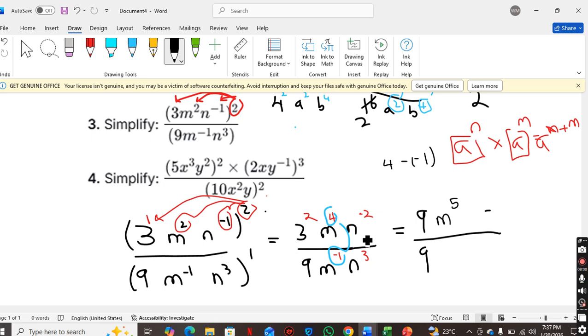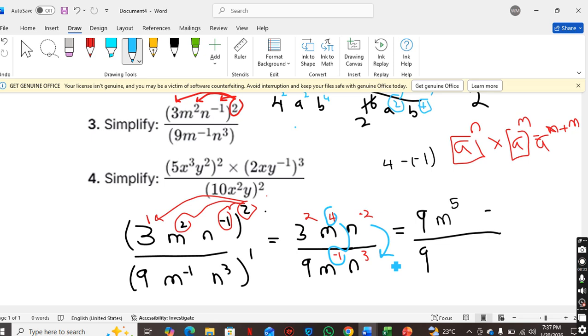Then here we have n to the power negative 2 over n to the power 3. So as I said, the other trick you can use, if you have a negative exponent on the top, you just bring it down here. You can just bring it down there and just multiply them. When you bring it down, it becomes positive.